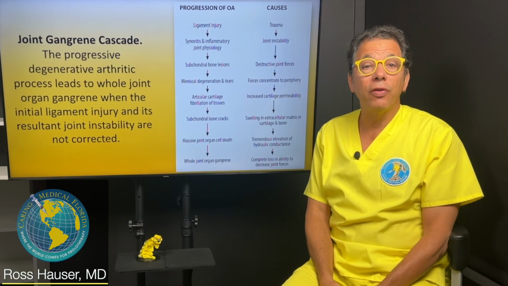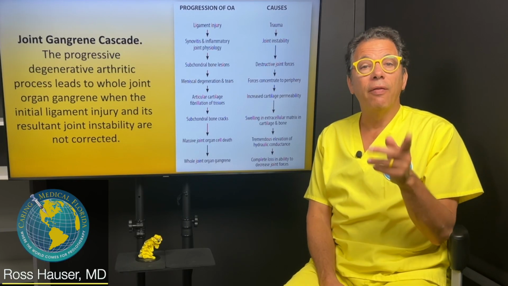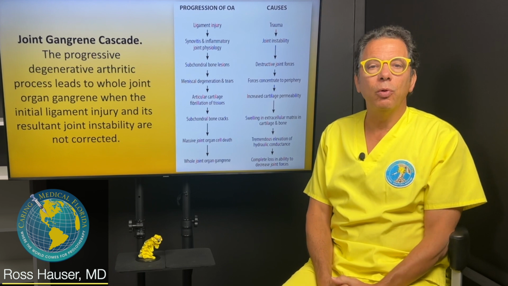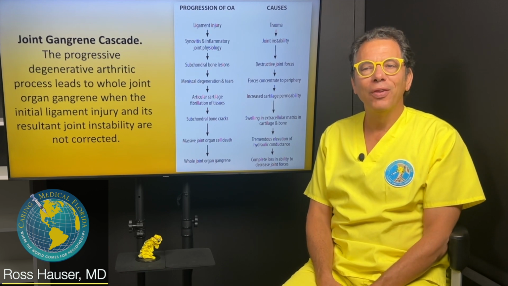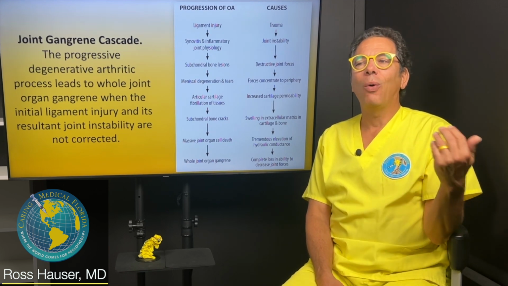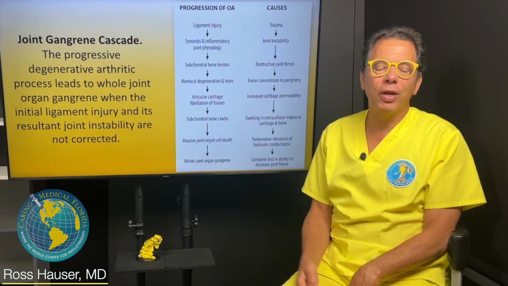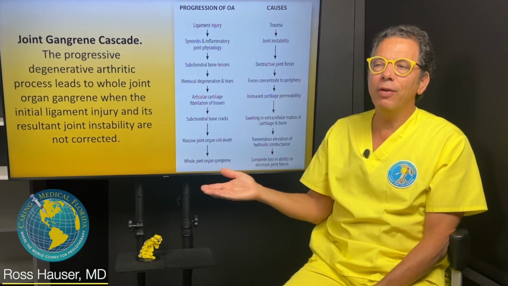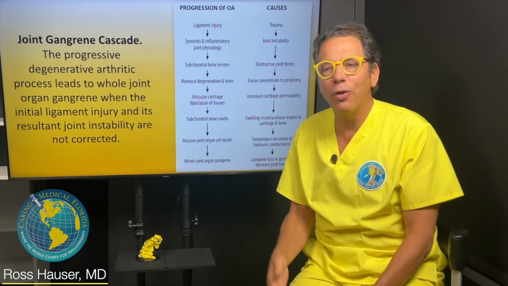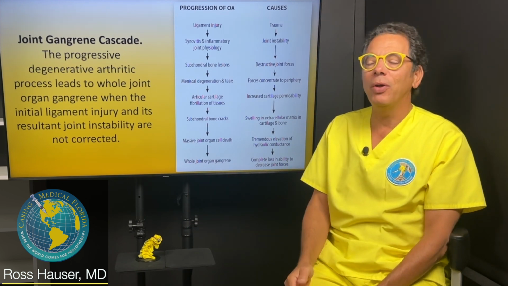Do you realize every year, every joint of your body is moved 1 million to 2 million times? And you might say, well, God, that's a lot of times. So people are like, oh, I didn't do anything and now my hip's killing me. Well, no, you did do something. If you're 35 years old, you've moved your hip joint 35 million or 70 million times.